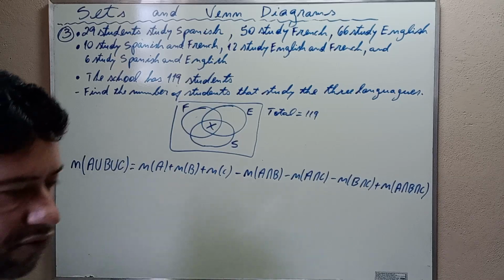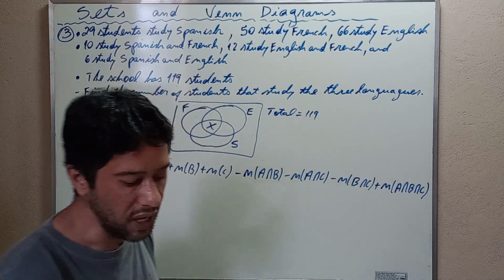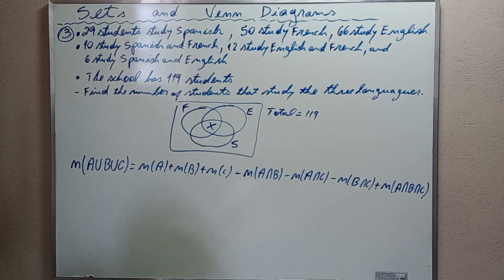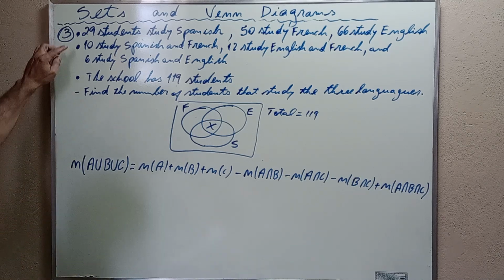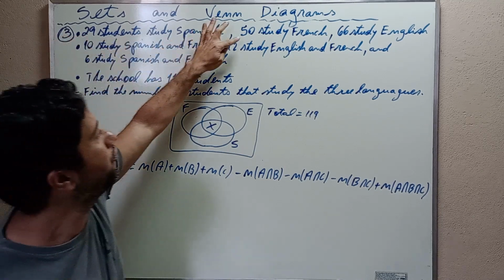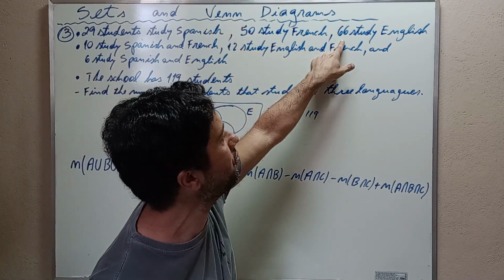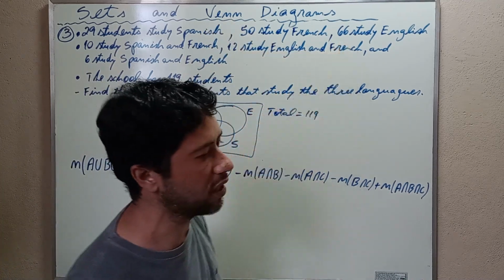Okay, my friends, let's go to the last exercise. Let's go to question 3. In a school, every student studies at least one of the languages, Spanish, English, and French. It is known that 29 students study Spanish, 50 students study French, and 66 study English.